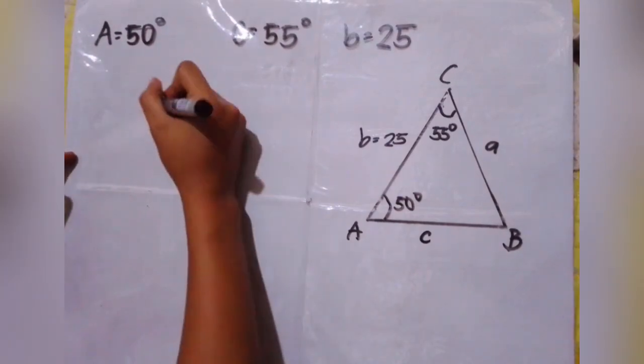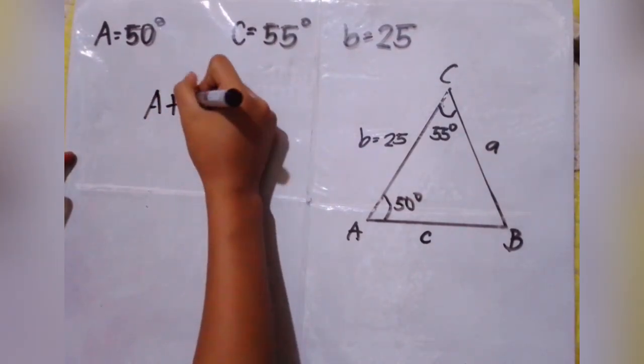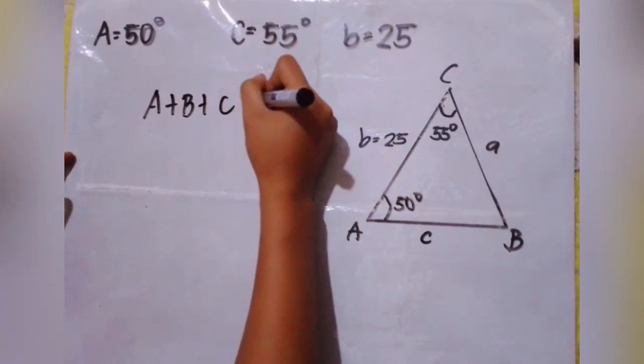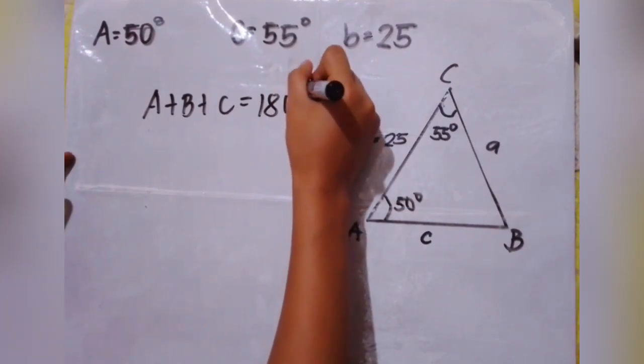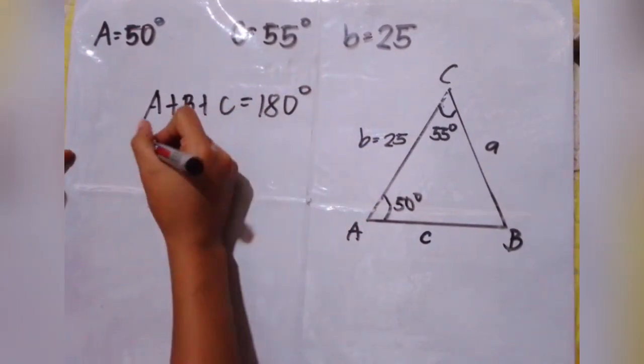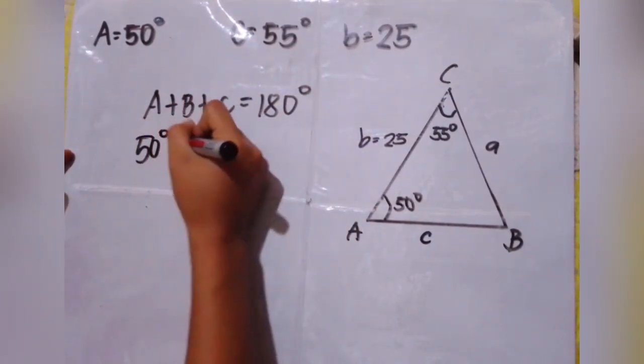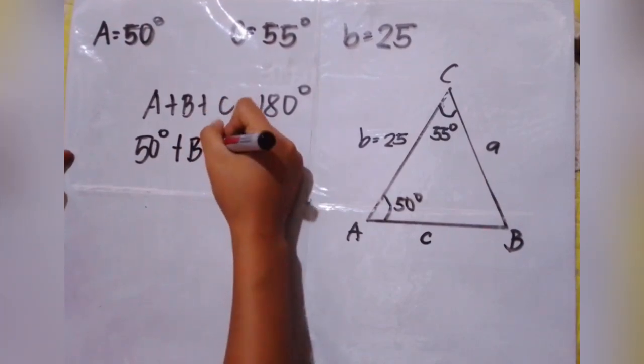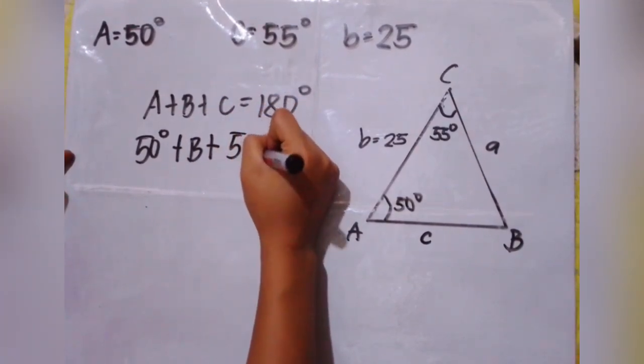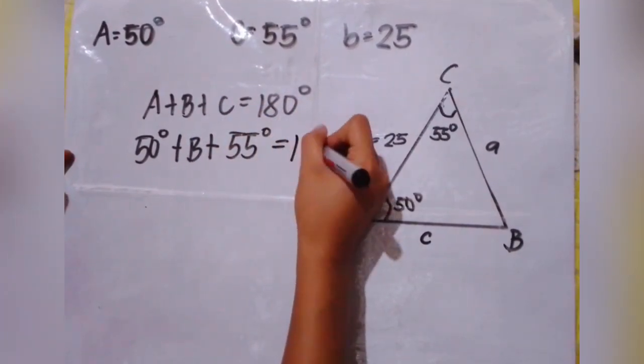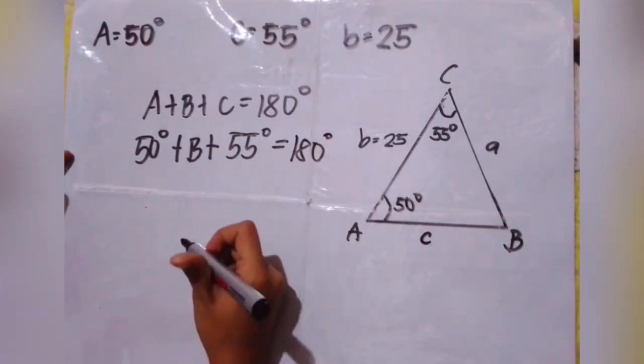So, we all know that the sum of the angles in a triangle is always 180. A plus B plus C is equal to 180 degrees. Then we substitute the given values. Angle A is equal to 50 degrees plus B plus angle C is equal to 55 degrees is equal to 180 degrees.